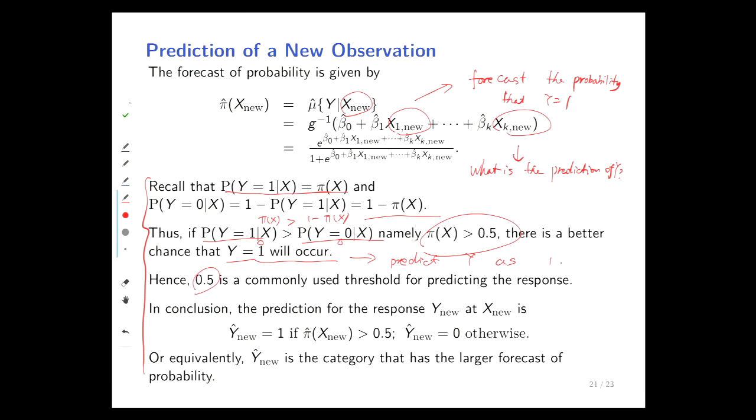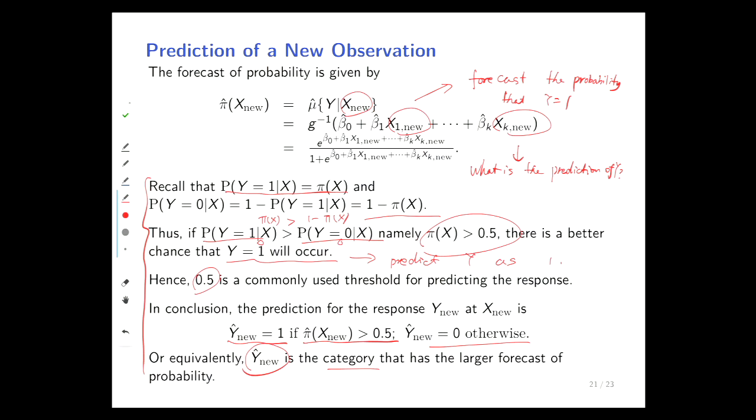The conclusion is that if the forecast of probability is larger than 0.5, then we usually predict our response as 1, otherwise 0. Or equivalently, the prediction of y is the category that has the larger forecast probability.